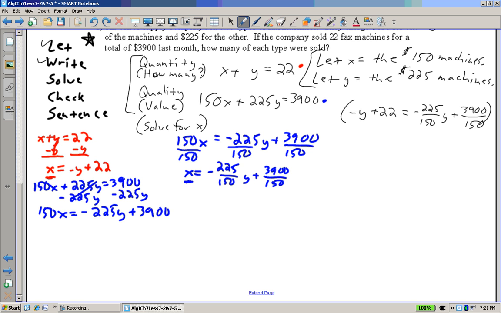That's because I'm going to go back through and multiply everything by 150 to get rid of these fractions. 150 times negative 1 is going to be negative 150. 22 times 150, and add a 0. All right, 3,300.